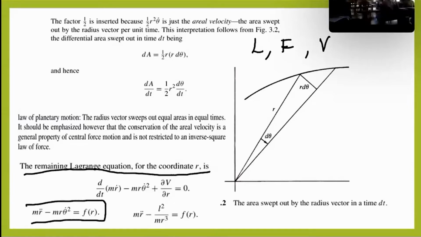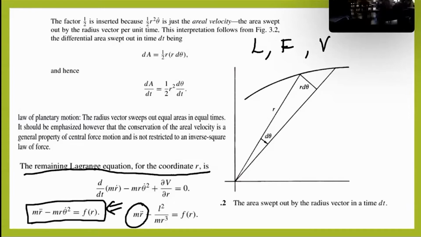This is the equation for the force, m r double dot minus m r theta dot squared. All I have done is plug in the Euler-Lagrange equation here and find the value of Fr, which is your force. Rearranging this, what do I get?